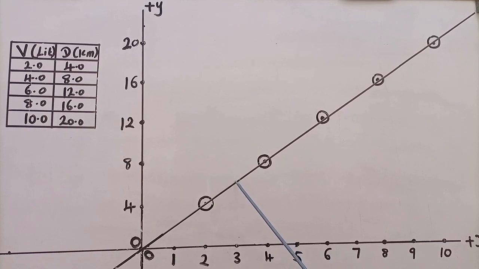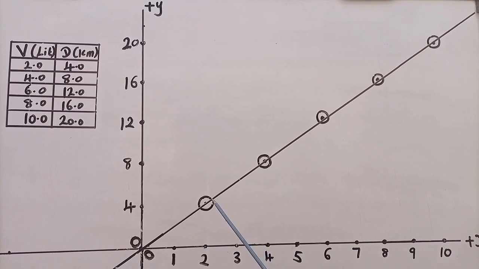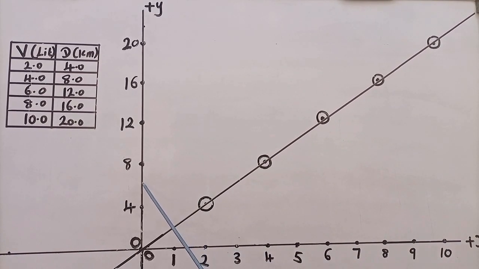Wherever it meets it, then draw another line horizontally going towards the y-axis. Whatever it meets, the value corresponding to the place where it meets is the distance it will travel. So maybe here between 4 and 8 is around 6. That means that 3 liters of petrol will make a distance of around 6 kilometers.